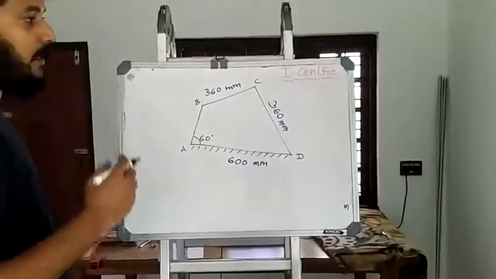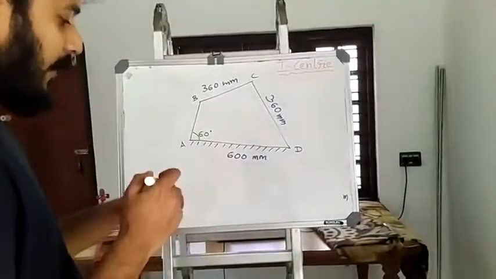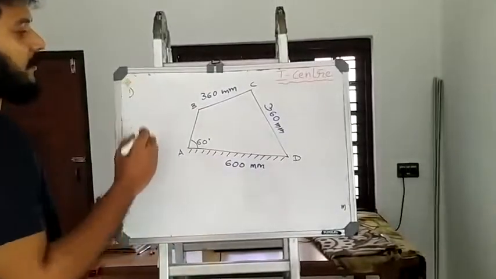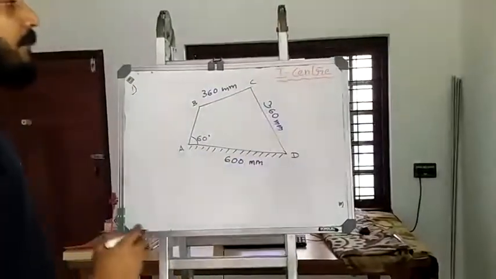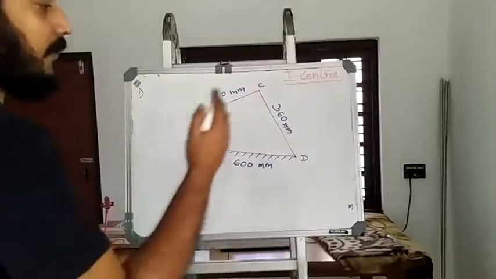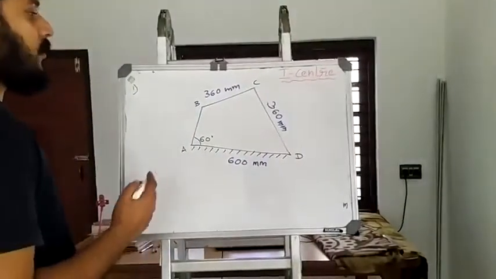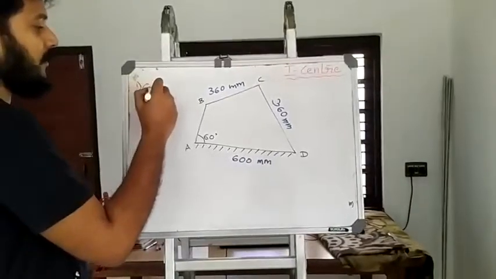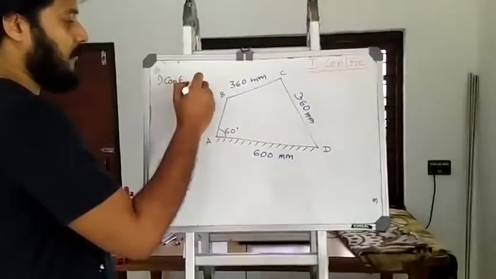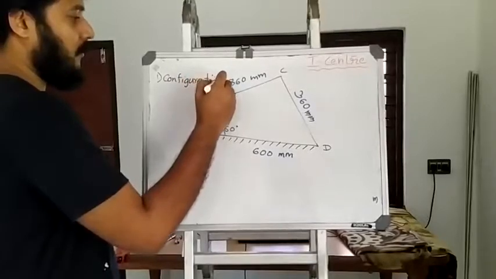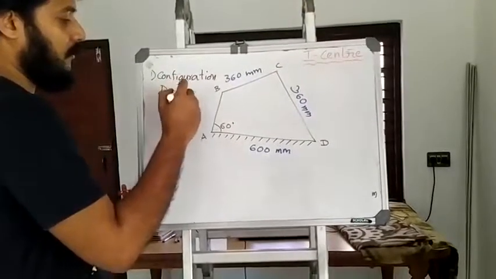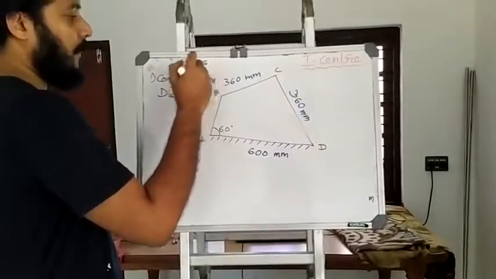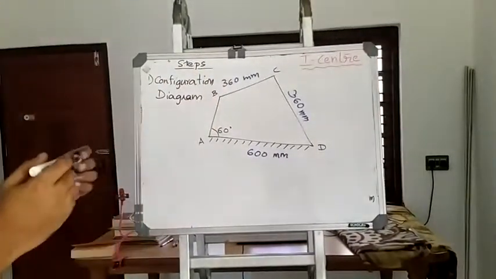Now, let us start by listing the steps that we have to cover while solving this. The first thing is, we are going to use the instantaneous center method for solving the given numerical. So, firstly, we have to start by drawing a configuration diagram. What is the need of the configuration diagram?